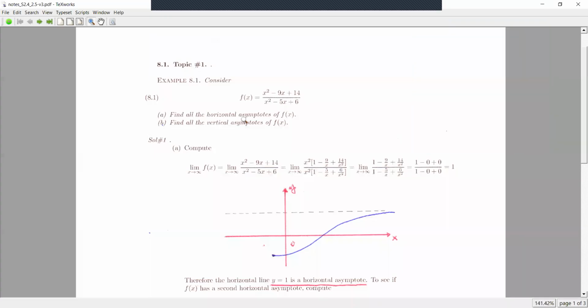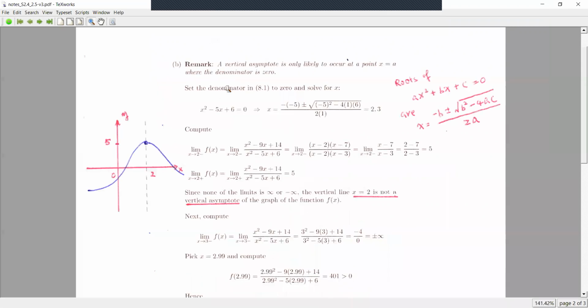This example 1 has a second solution. The second solution is simpler than the solution that I just presented. Recall that when I answered part B, I set the denominator of the function to 0 and solved this equation, and we obtained 2 points, 2 and 3.